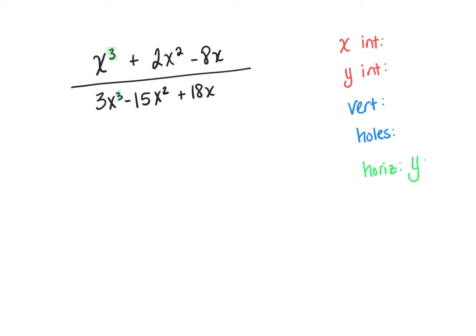This guy is going to be y equals the coefficient up here, that's a 1, and the coefficient down here, 3. Y equals 1/3. Done, all right? These are my shortcuts, my degree shortcuts. When we do this, we're looking at our degrees.